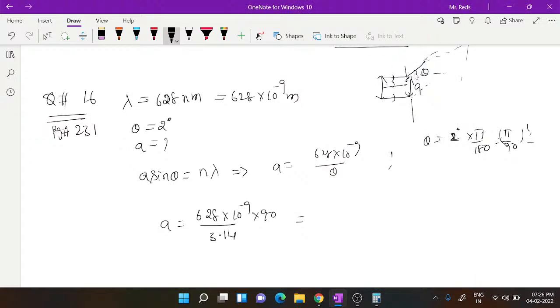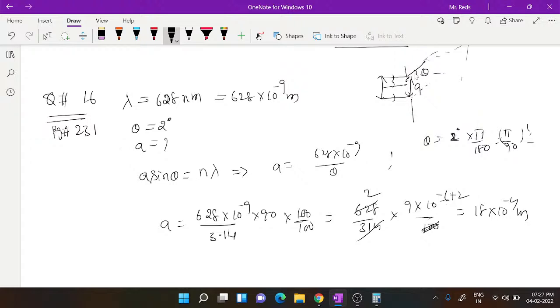Then you can write it as 628 by 314 into 9 into 10 to the power minus 9 plus 3 minus 6 by 100. 628 is 2 times 314, so it will be 18, with the power of 10 adjusted for the factor of 100 that we multiplied, giving 18 into 10 to the power minus 4 meters.